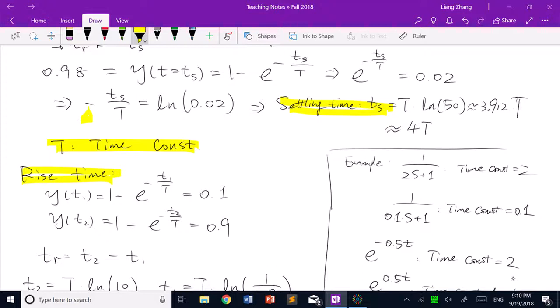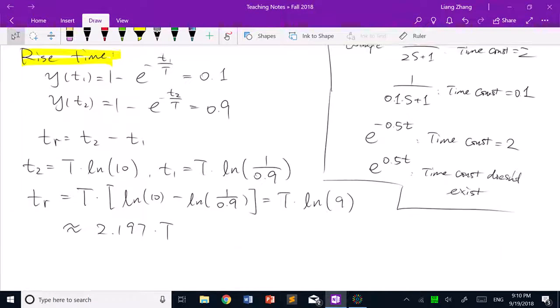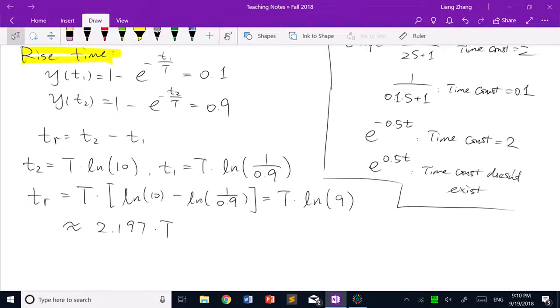And the most important thing is the rule of thumb. First order system, settling time is roughly 4 time constants to reach and remain within plus minus 2%. And rise time, from 10% to 90% of your steady state level, will be roughly 2.2 time constants.